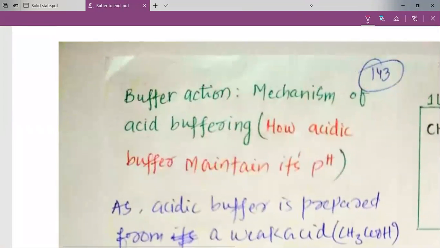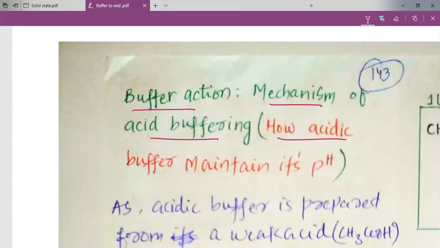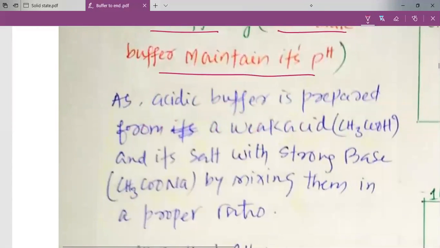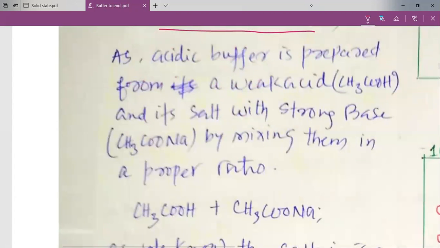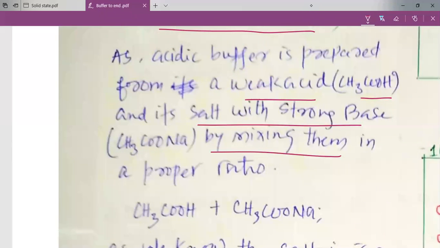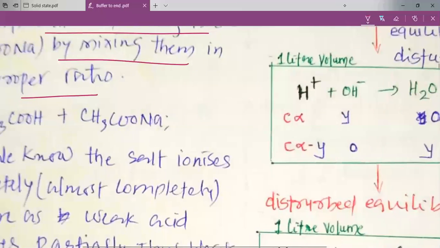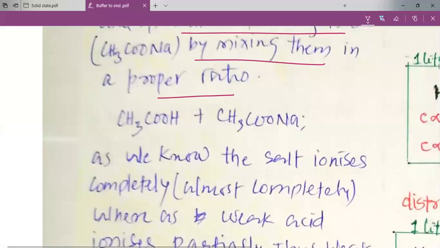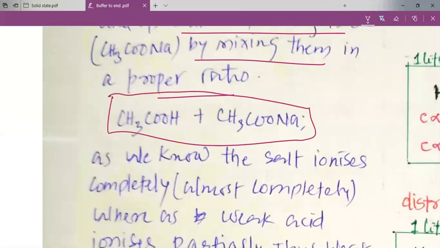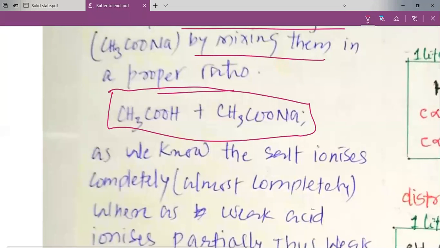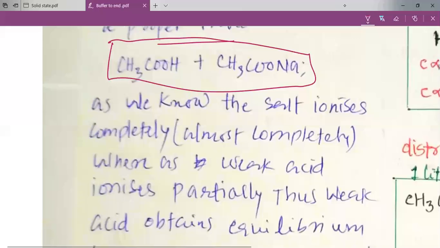Let's move forward. First let us understand the buffer action, or the mechanism of acidic buffering, or how an acidic buffer maintains its pH. As an acidic buffer is prepared from a weak acid and its salt with a strong base, by mixing them in a proper ratio, my dear students, we can have this buffer solution that is prepared by mixing CH3COOH and CH3COONa in a proper ratio.